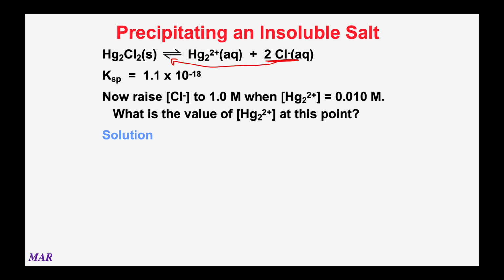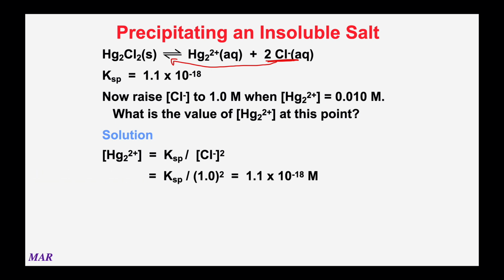And we can use this technique to calculate the new value of the mercury ion at this point. So Ksp equals the mercury ion times the chloride squared. But in this example, we're solving for the new value of mercury. And mercury at this point will be Ksp divided by the chloride squared, which is just 1 squared. So lo and behold, mercury is 1.1 times 10 to the minus 18th moles per liter.